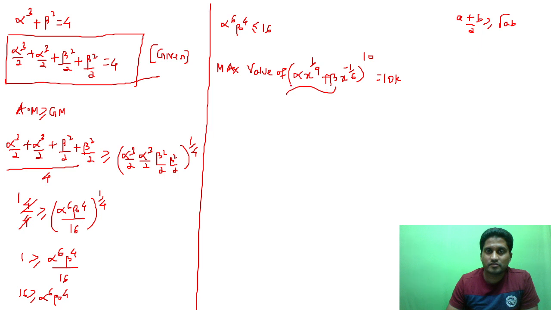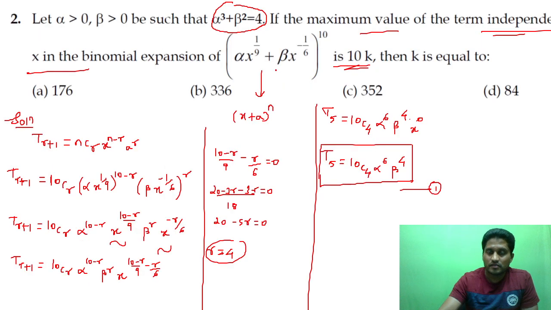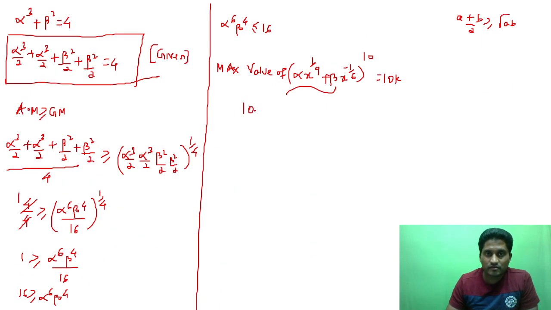So maximum value of this, if I use equation 1, will be equal to 10c4 into 16, because maximum value of this will be equal to 16 only.